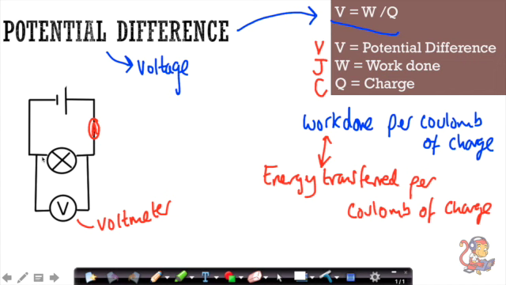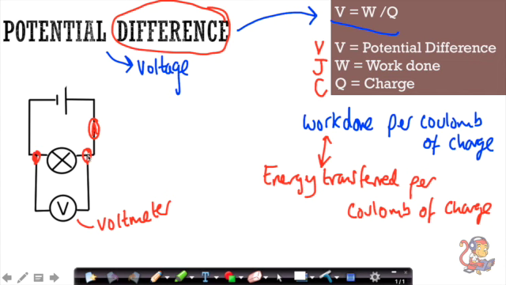For a voltmeter, you must have the wires connecting either side of the component that you want to measure the potential difference of. If you try and think of it that you're measuring a difference, you kind of need to be measuring at two different points and measuring the potential difference between the two, which is the energy transferred by the charge.